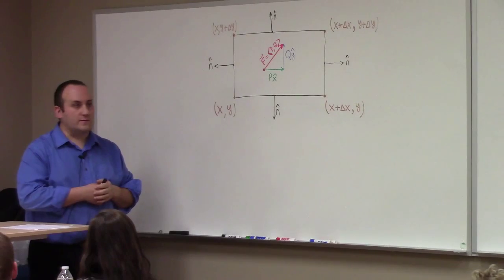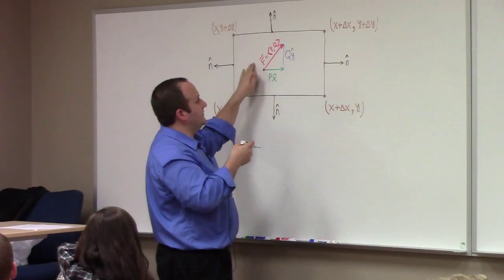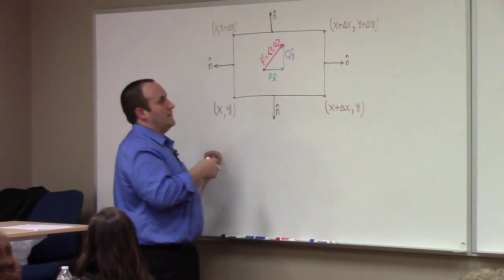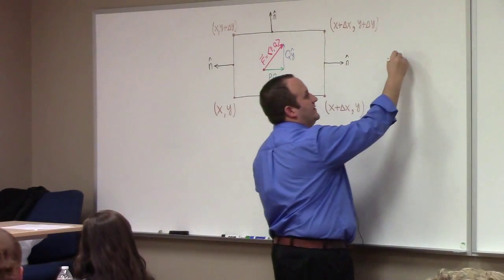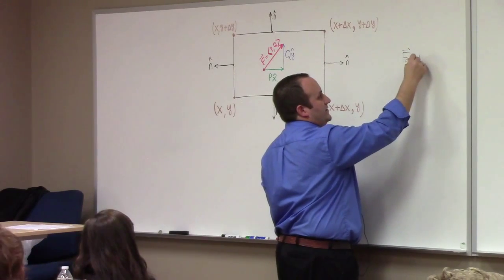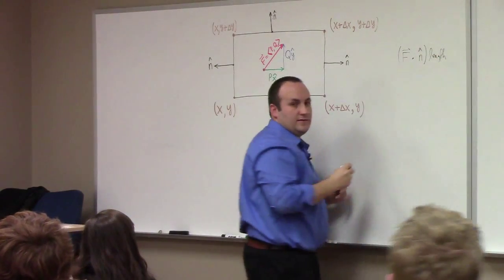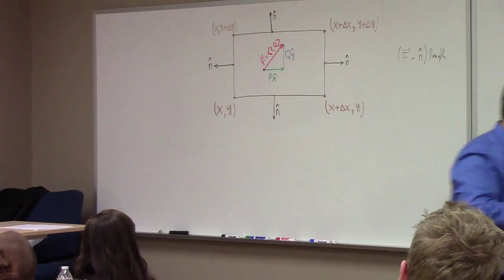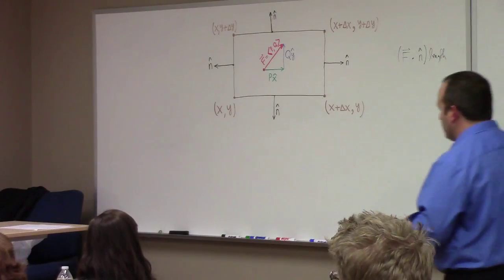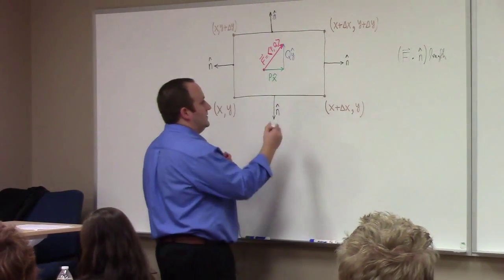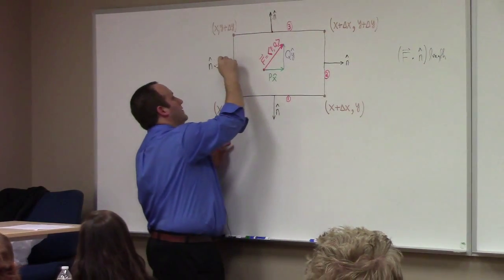Okay, so let's get started. What would the flux of this vector field be through the base? In each case, we're going to take F dot the normal times the length of the line segment. The length of the rectangle's sides is either change in x or change in y as I've set it up. So let me number these: 1, 2, 3, 4.